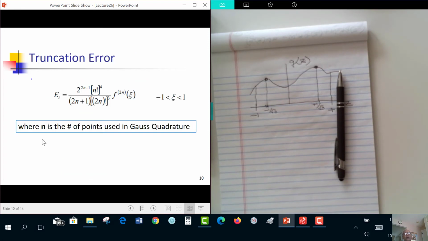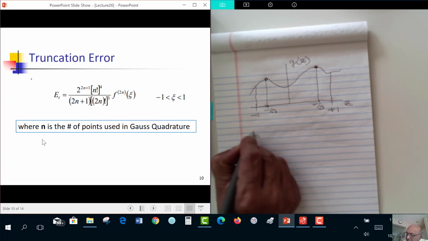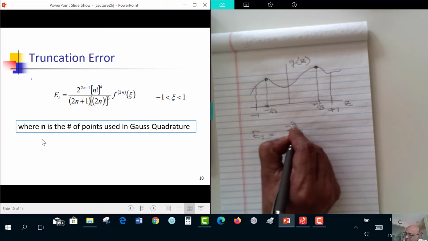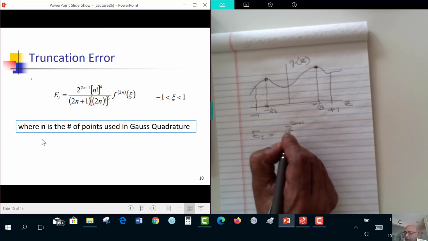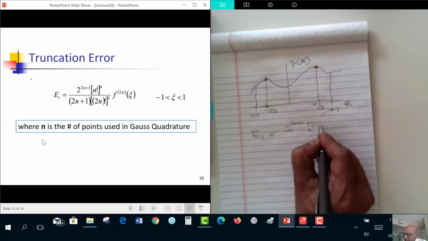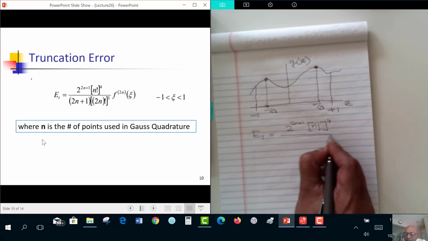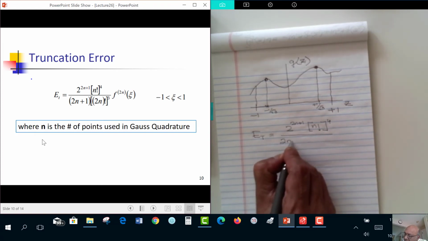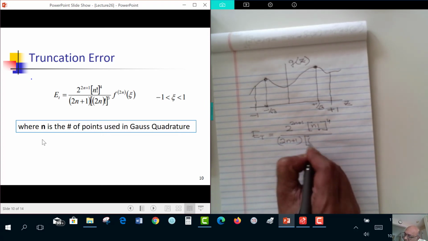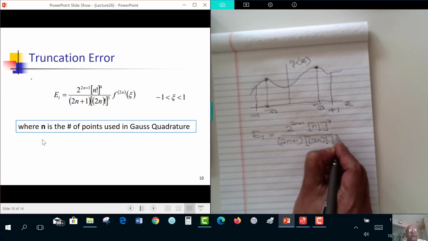Okay. What about the truncation error? So it turns out that the truncation error here is 2 to the power 2n plus 1. Remember, n is number of points. n factorial to the power 4 over 2n plus 1, and then we have 2n factorial cubed.